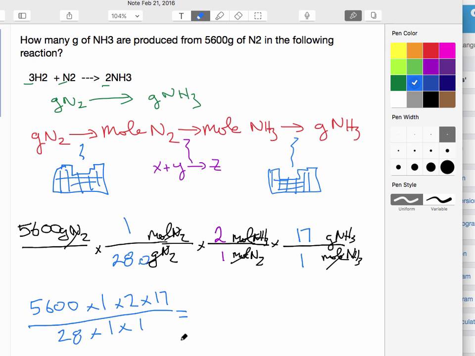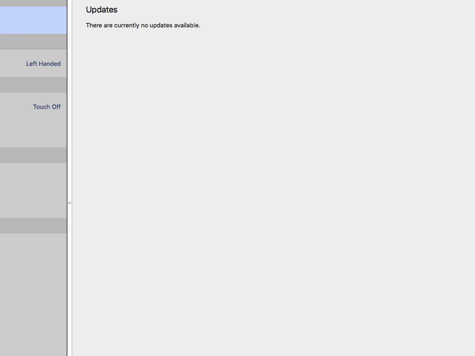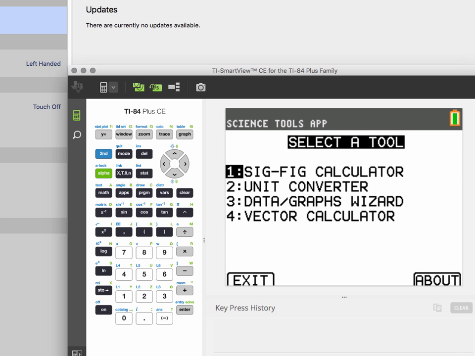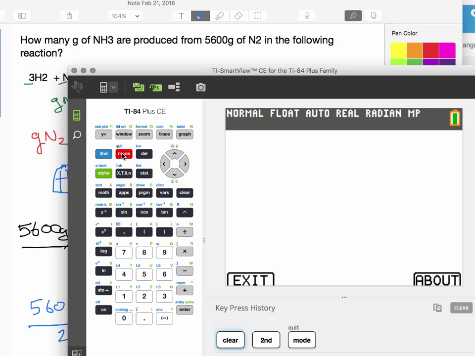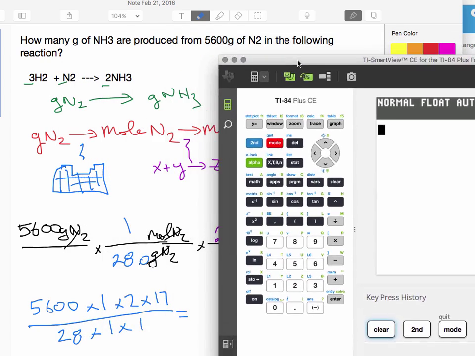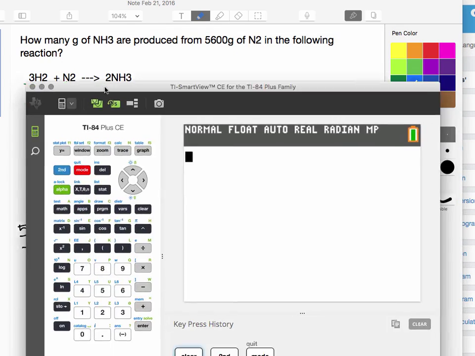So how do we do this in our calculator? So let's pull up the old calculator here. And oops, sorry, wrong thing. We will clear the screen. We go clear. We're going to exit. And here we go. 5,600 times 1 times 2 times 17.